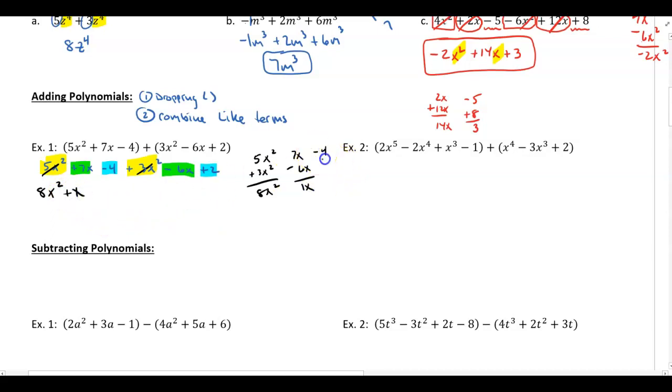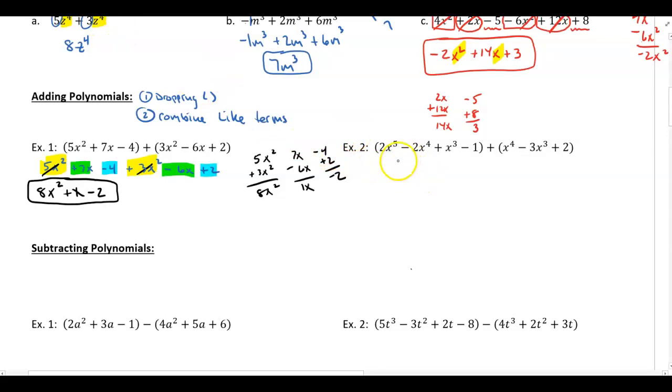And then last, negative 4 plus 2 is negative 2. Since it's negative, I'm going to subtract it. And this is my final answer. Try the next one on your own real quick and come back and check your answers.